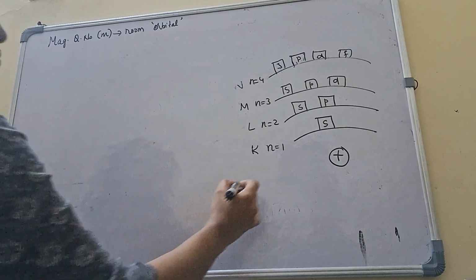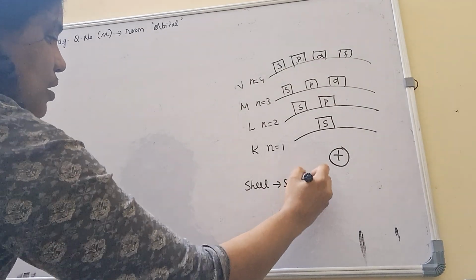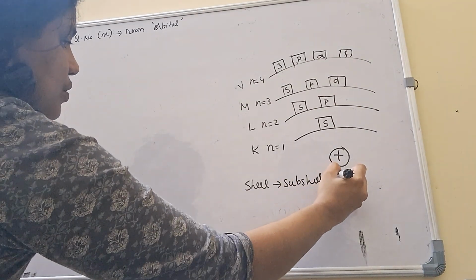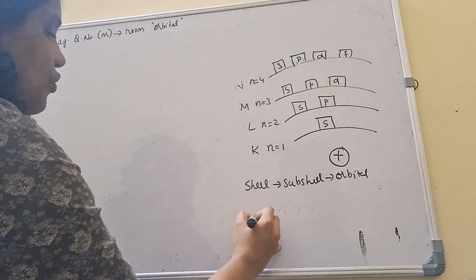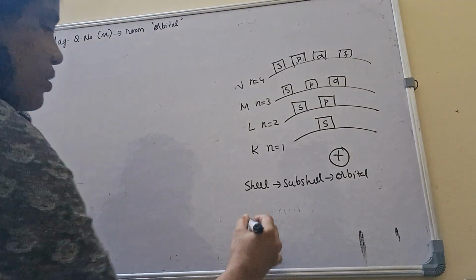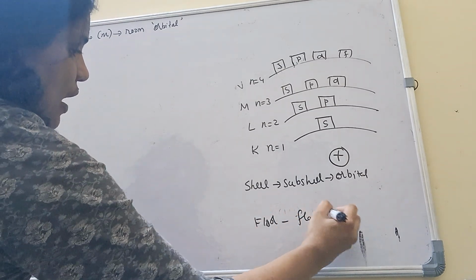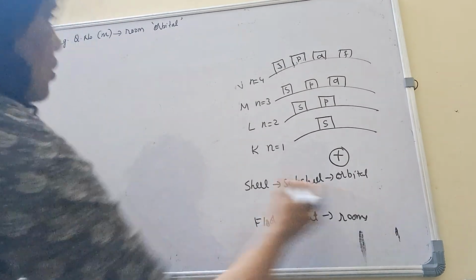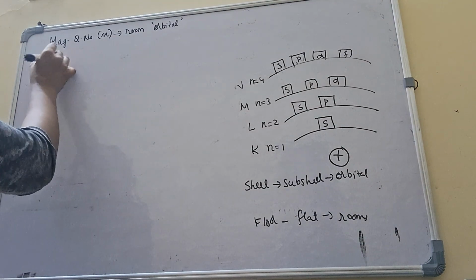The shell is divided into subshells and the subshell is divided into orbitals. So this is like your floor, this is like your flat, and these are the rooms in a flat. Alright, so what is this orbital?